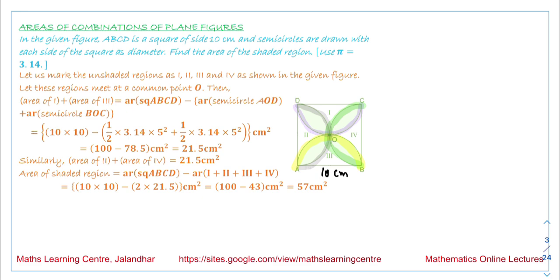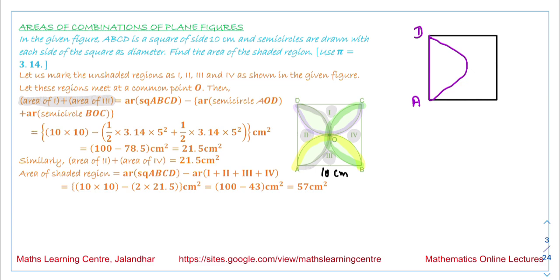Now, we are drawing this figure again over here. Suppose this is the square we are talking about. This unshaded region we have marked 1. This region we have marked 2. This is 3 and this is 4. We are talking about the area of the regions 1 and 3. If we draw the semicircle about the diameter AD, this is the semicircle we are talking about.